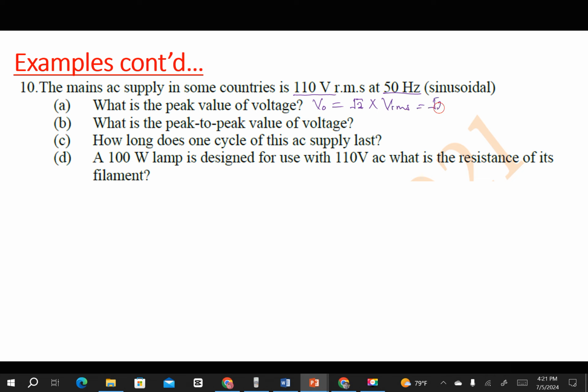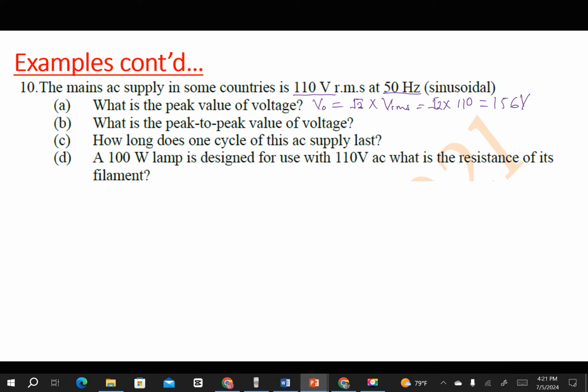So it is root of 2 times 110, which is 156 volts.